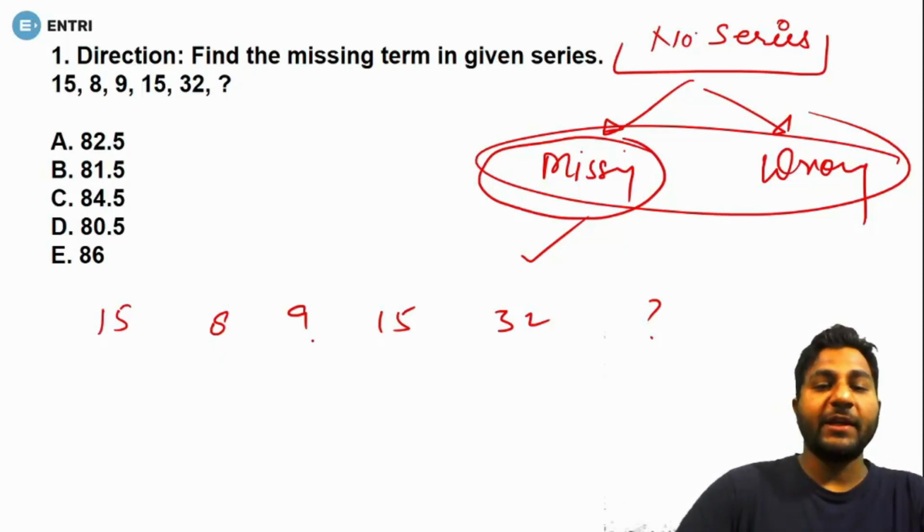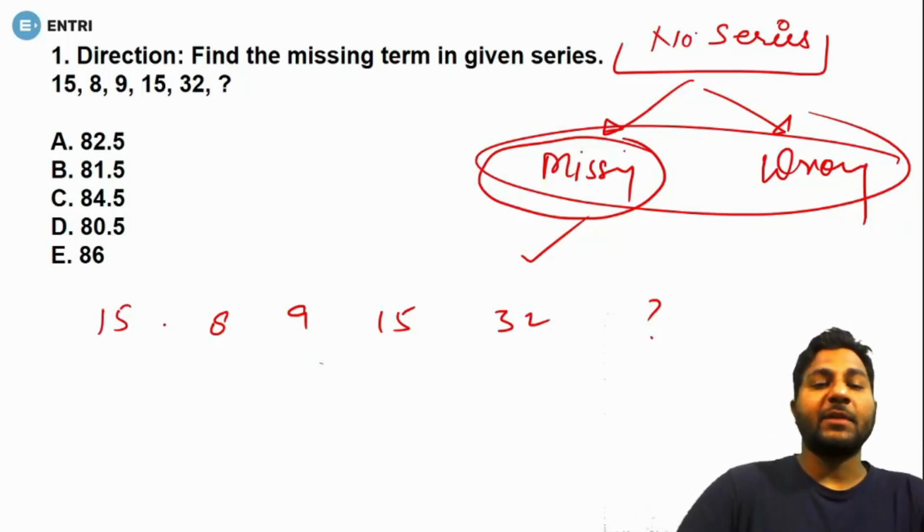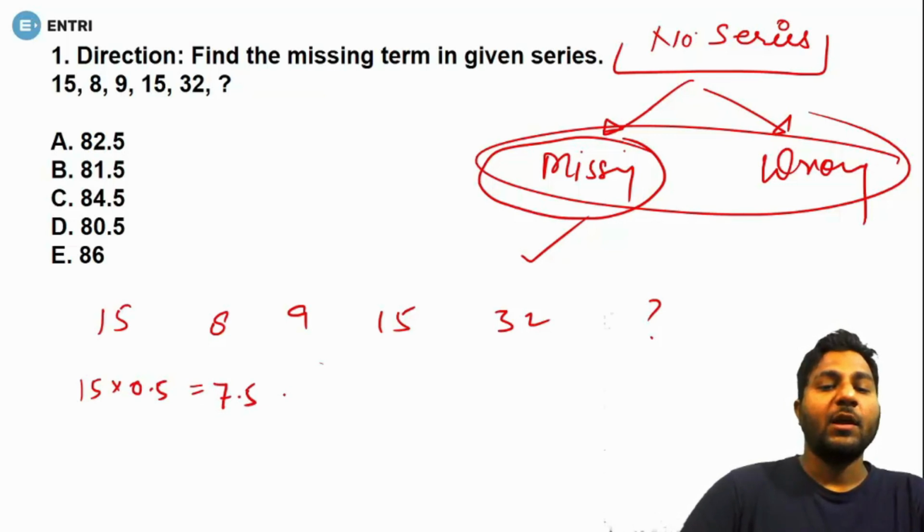Look at this: from 8 to 9, 9 to 15, 32. That means something is multiplying. So the first number multiplies with a number less than one, say 15 into 0.5. 15 into 0.5 is 7.5, while adding 0.5 makes the whole number 8. So the first step matches: times 0.5 plus 0.5.